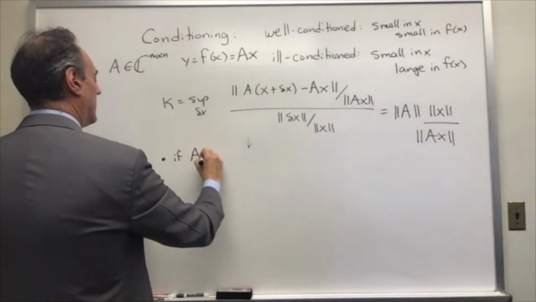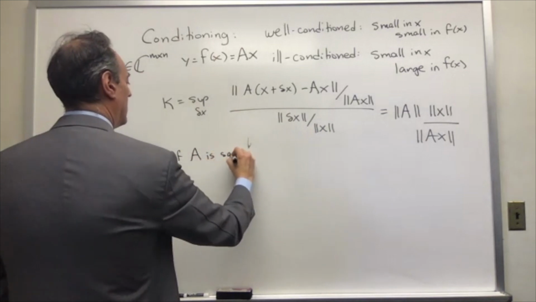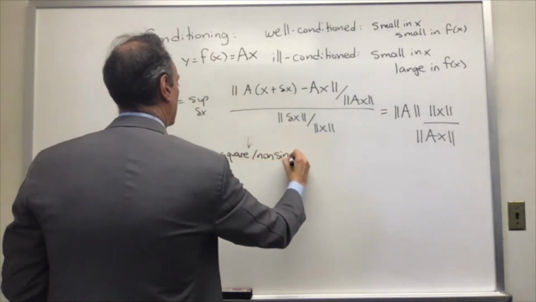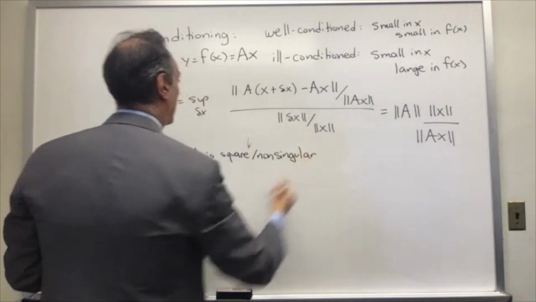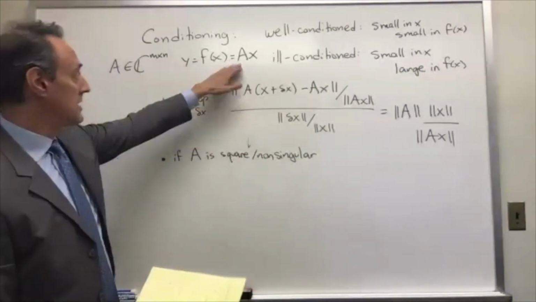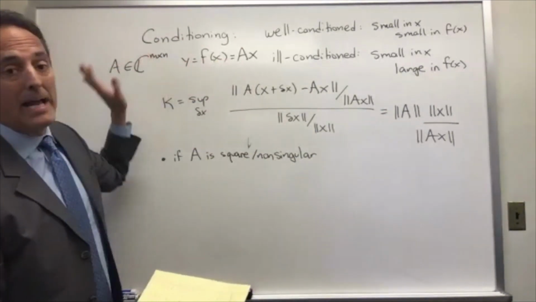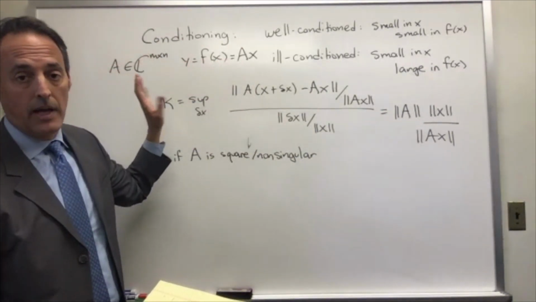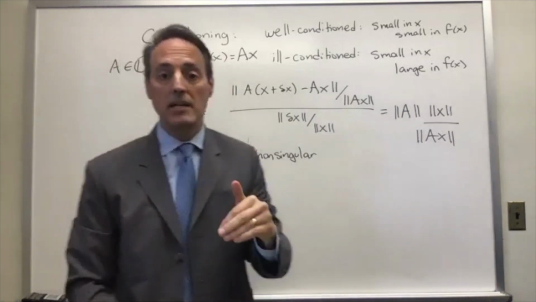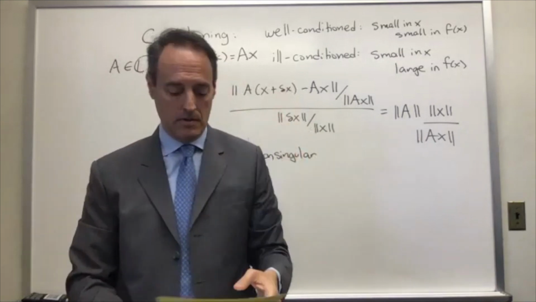If A is square and non-singular, that's going to be the first assumption. So I'm going to take this A, and it's now M by M. It's a square matrix, and by assuming it's non-singular, it means it has an inverse.